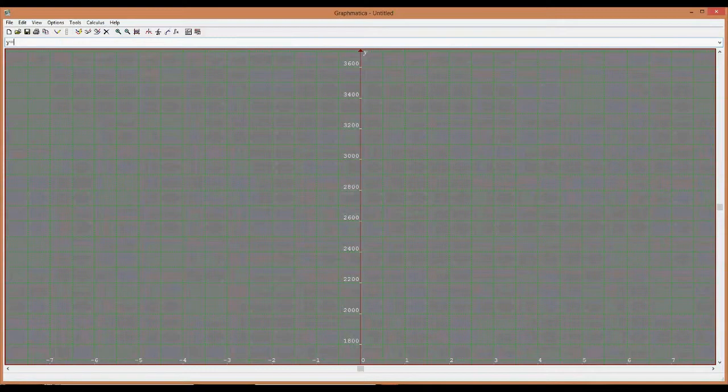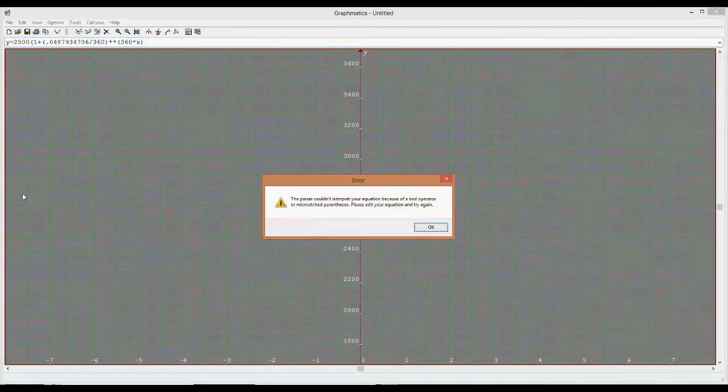So it's y equals 2,500 times 1 plus, and then in parentheses, 0.04879344706 divided by 360, raised to 360 times x.